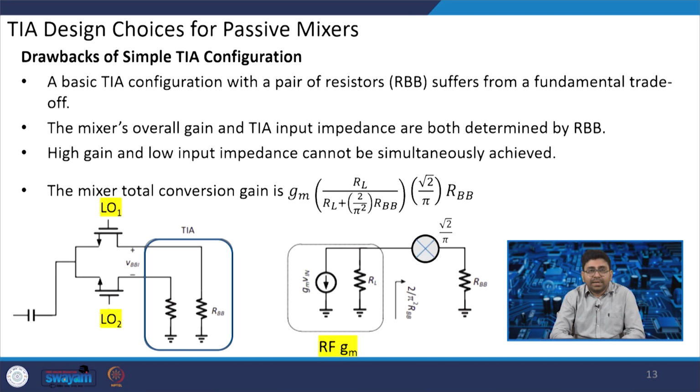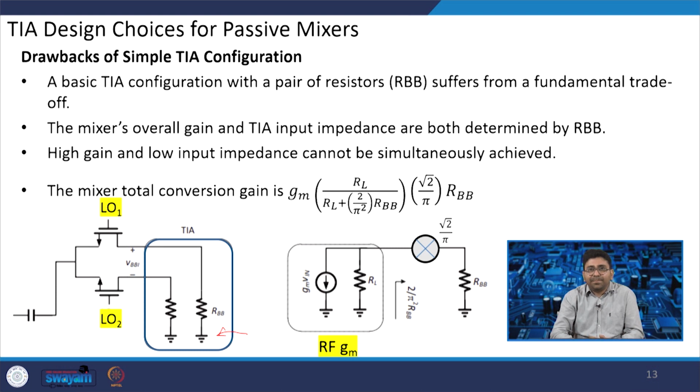So, TIA design choice. Because the TIA is important for designing these current mode passive mixers, what is the drawback of a simple TIA configuration? A basic TIA configuration with a pair of resistors RBB. So, this is a very basic TIA.